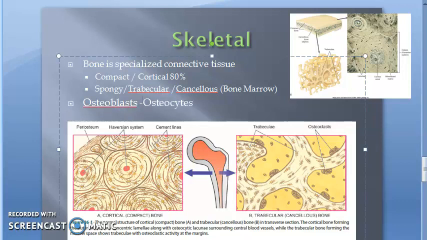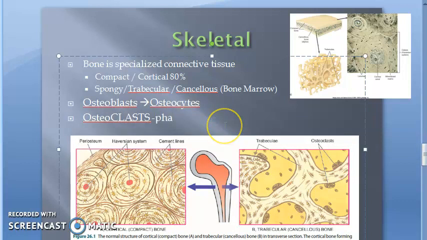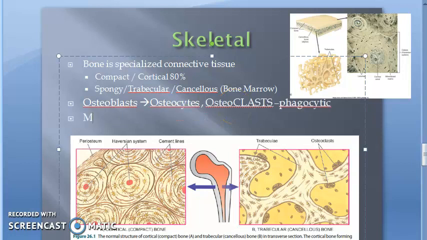They are the immature cells. Then you have the osteoclast. These are the phagocytic cells. Okay. So apart from this, you have matrix, which has collagen, polysaccharides, hyaluronic acid, calcium, etc.